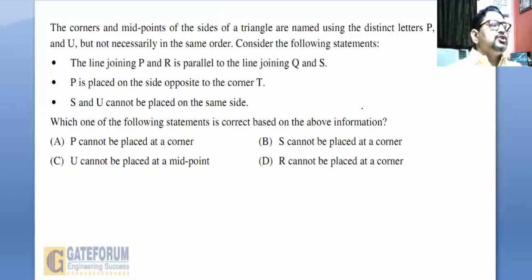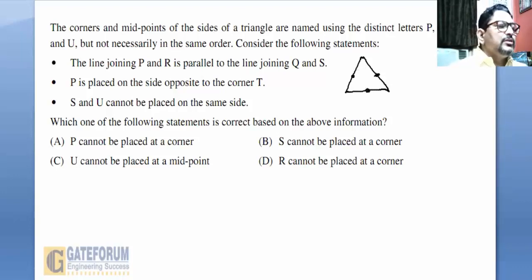The line joining P and R is parallel to the line joining Q and S. So in how many ways can this be possible? Let us check. Suppose this is a triangle. It has not been given that it is an equilateral triangle or anything, but the shape came out like this. So this is just a random triangle. And these are the midpoints of the sides because they have been accounted for.